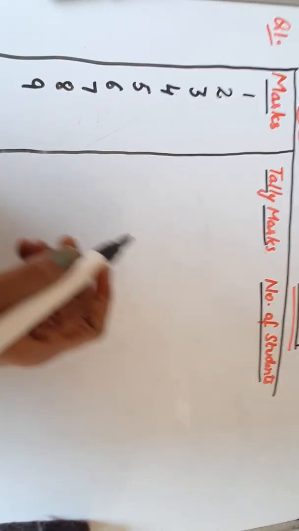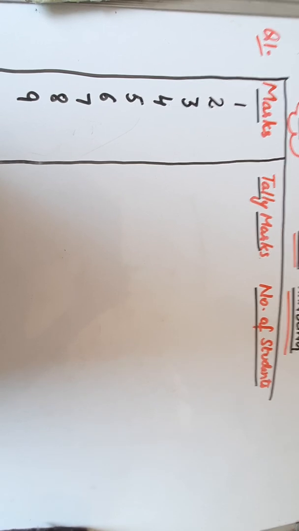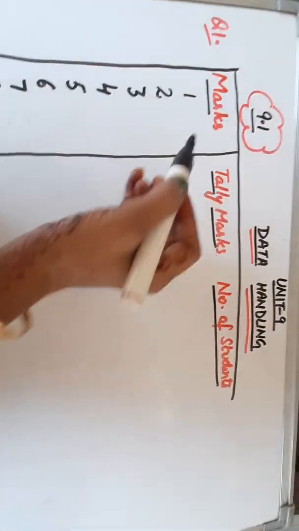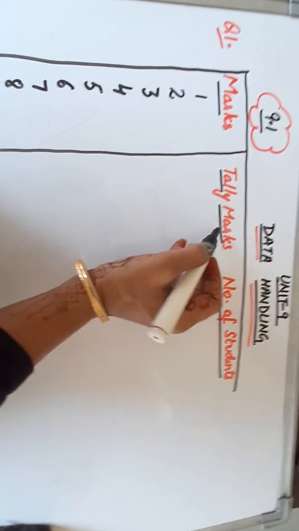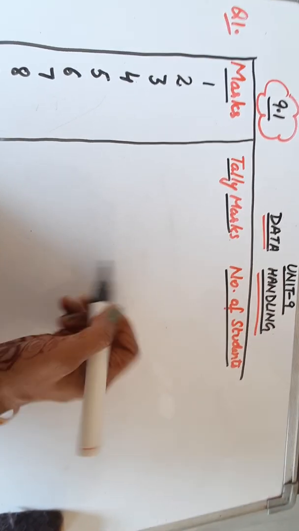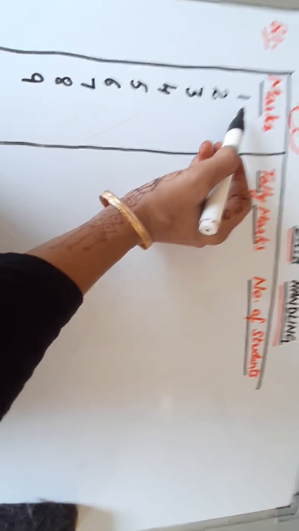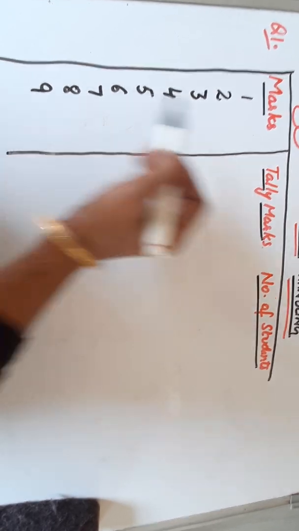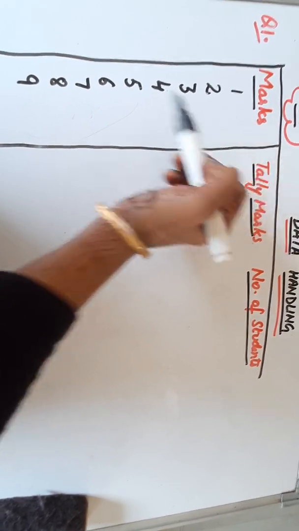While making the table for tally marks, use a pencil and scale, dear students, and make 3 columns. The first column is for marks, the second is for tally marks, and the third is for number of students. The marks obtained by the students are 1, 2, 3, 4, 5, 6, 7, 8, 9. These are the marks which are given in the table.